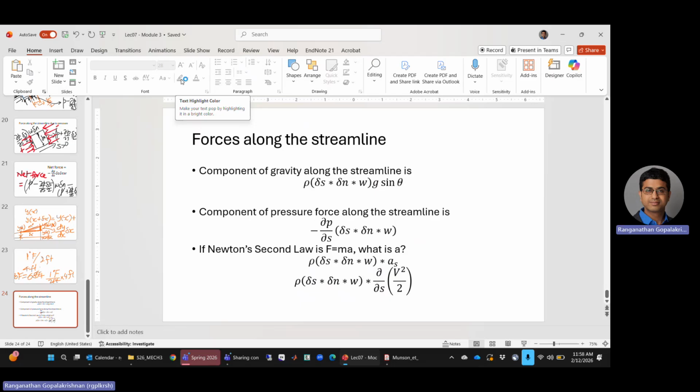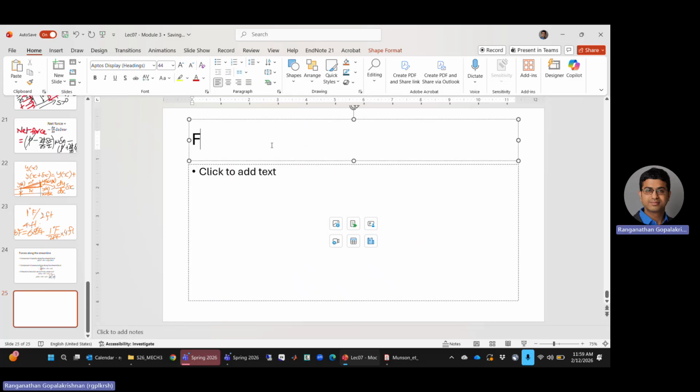Okay. So now we need to do a force balance. This ma, this mass times acceleration, is the right side of F equals ma. And these two are the two forces that are on the left side. So I'm going to write this F equals ma.